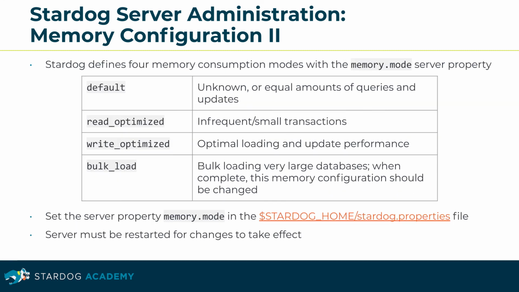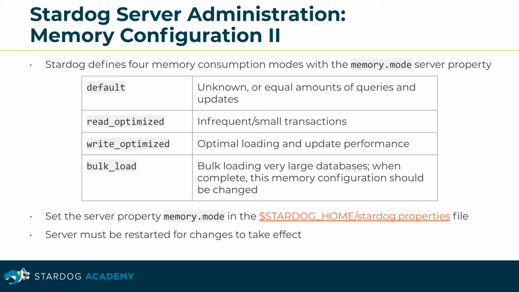The second method for configuring server memory uses the memory.mode property defined in the stardog.properties file located in Stardog Home. There are 4 memory consumption modes defined. Default, which is for unknown or equal amounts of queries and updates.